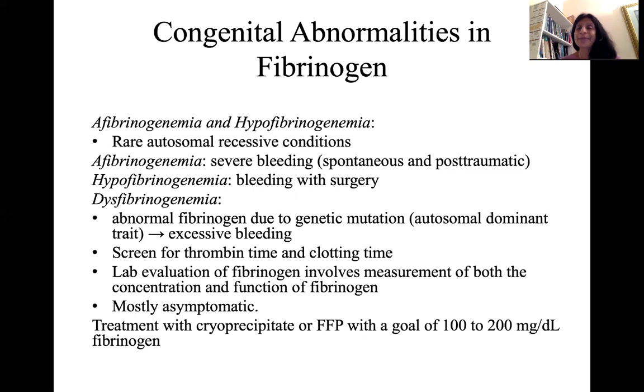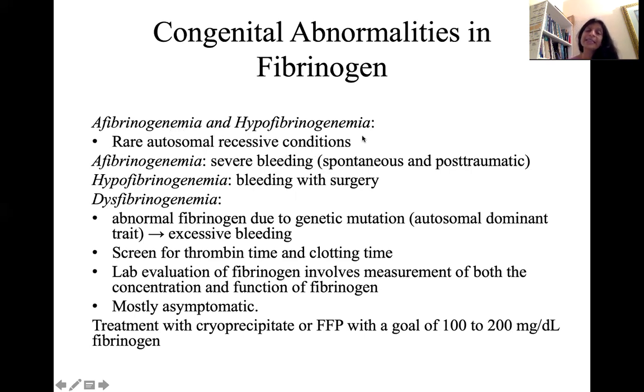Now we talk about missing or reduced or abnormal fibrinogen. Okay, so fibrinogen is a plasma protein that's made by the liver. If it's lacking, you may call it afibrinogenemia. A means lack of.